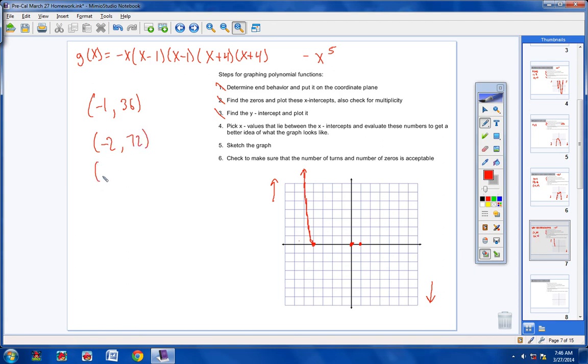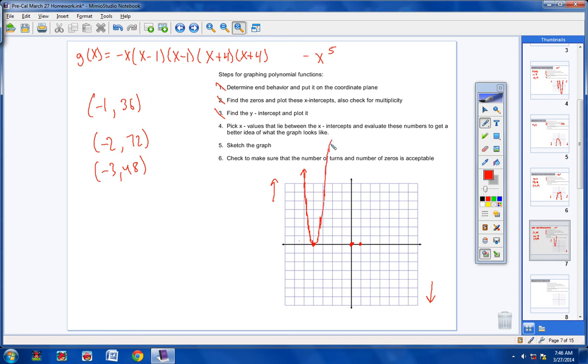And then negative 3 would give me out a 48. Now, students, think this through very quickly. Negative 1 is up here at negative 36. We'll say that's right here. And then negative 2 is negative 72. That's way up here somewhere. And then negative 3 starts to come back down. Okay, so I don't expect you to graph all of that on a test or a quiz. You can just kind of go way up high on your paper.